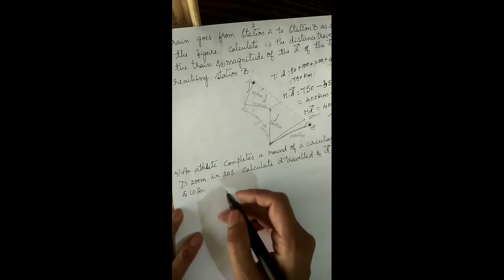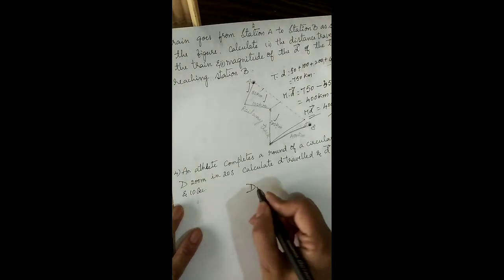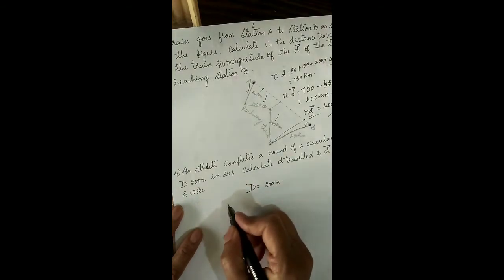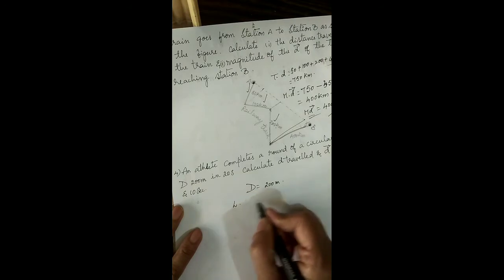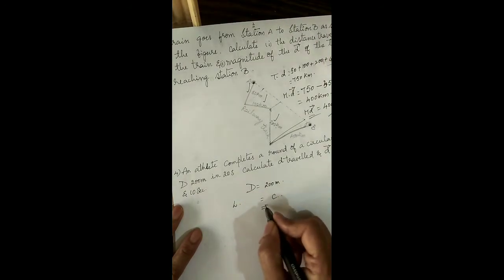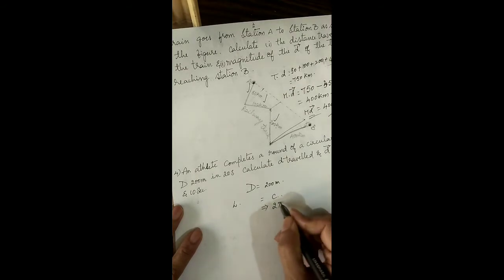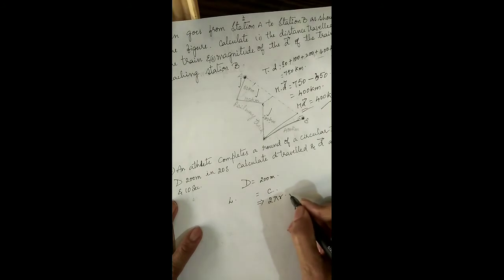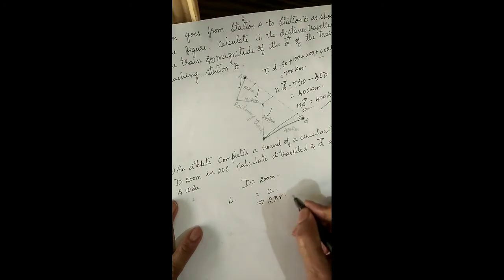So, what is the diameter given here? Diameter is 200 meters. The length of the track is equal to the circumference of the track. That implies 2 pi r, or 2r is equal to d. So you can write this as pi d.